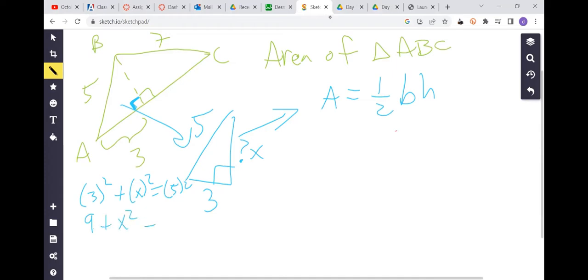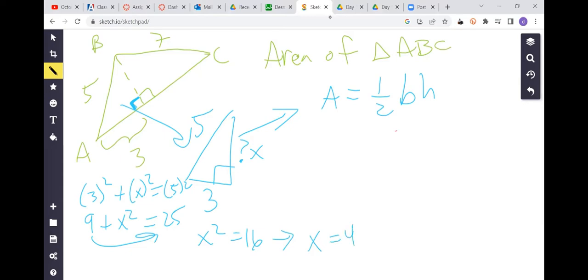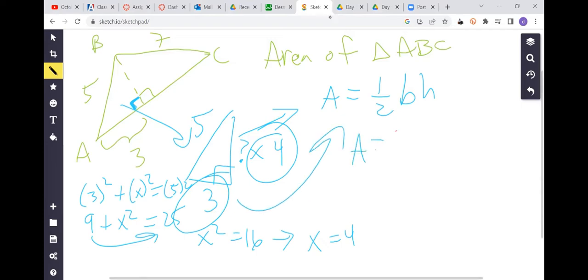9 plus x squared is 25. Subtract 9 from 25, and we get back 4. So our missing side for this triangle here would be 4. Now we have a base and a height, so the area would be 1/2 times the base times the height.